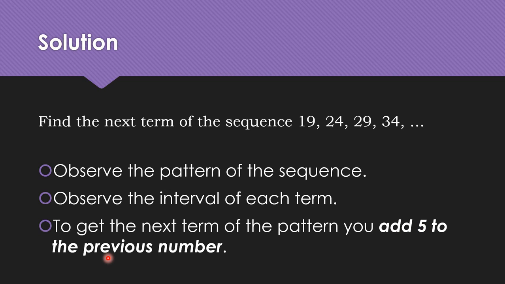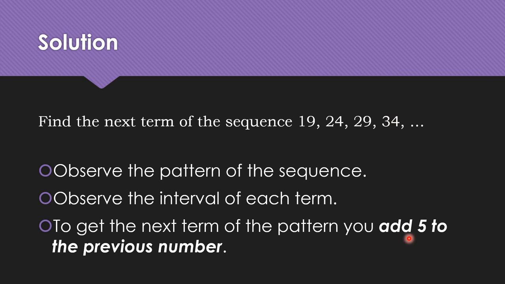So, titingnan natin kung tama ba yung pattern na to. So, from 19, pag nag-add tayo ng 5, 19 plus 5 is 24. So, tama. 24, add 5, 29. So, tama ulit. And then, 29, nag-add ka ng 5, 34.